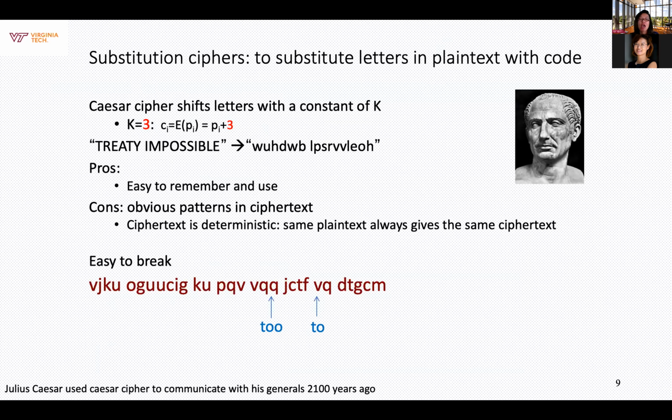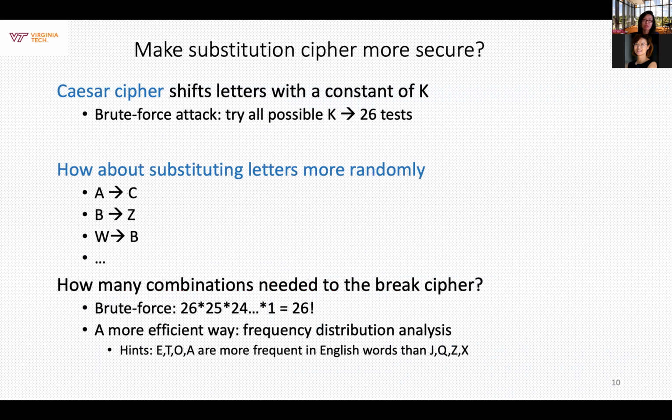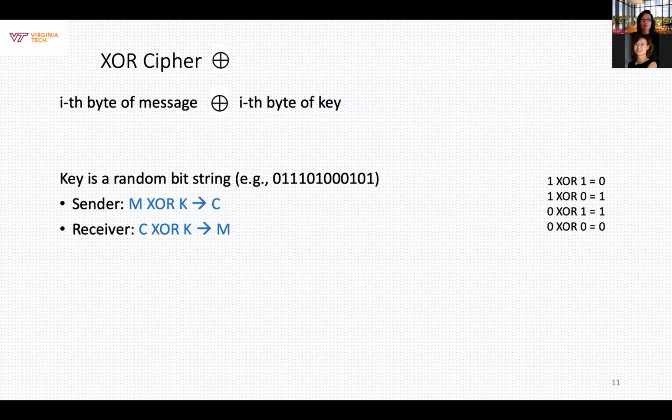Not very many, and it helps you break the message. This is the ciphertext. And we talked about how you don't have to just shift to the next third position. You can do all kinds of substitution, right? And you can compute the brute force complexity.